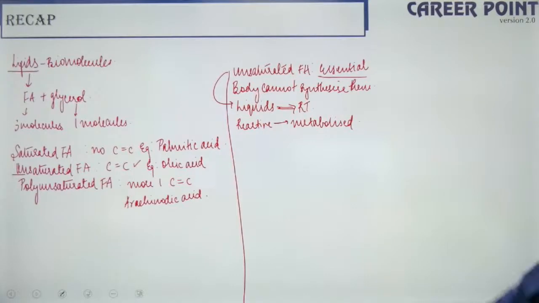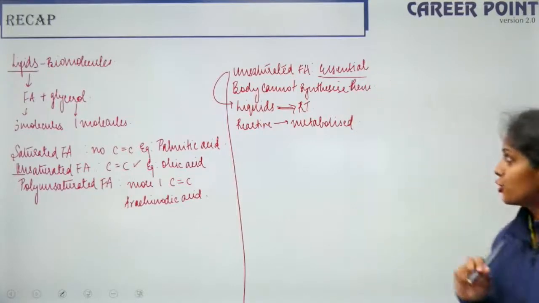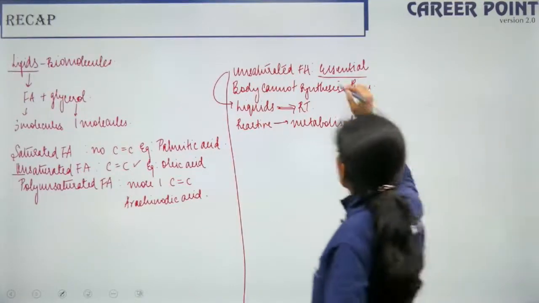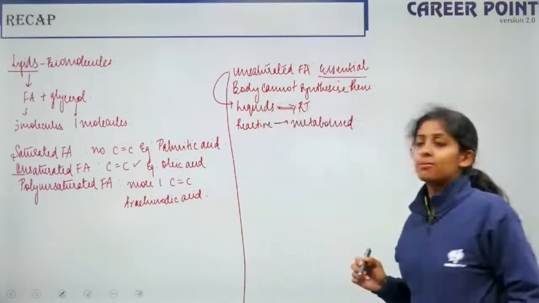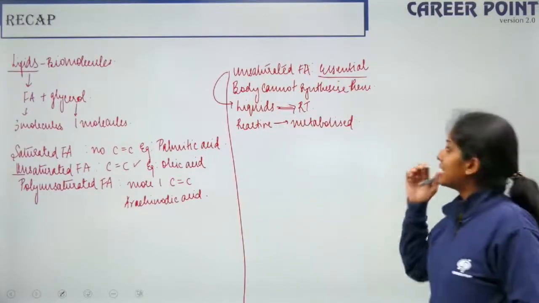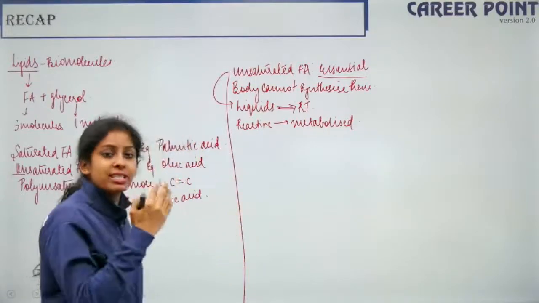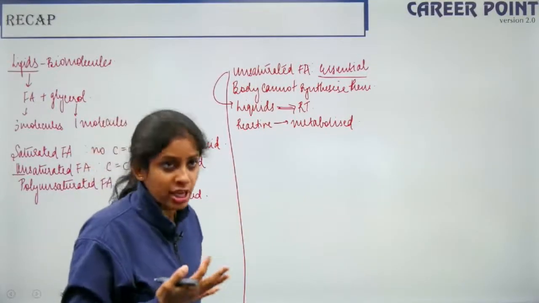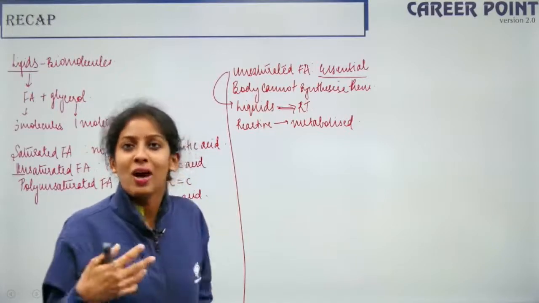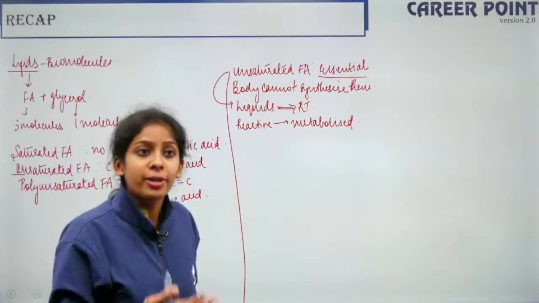So once again, unsaturated fatty acid is essential because it cannot be synthesized by your body, and it remains liquid at room temperature, and it is very reactive, so it can be easily metabolized. So it does not get accumulated in your arteries, so it does not create a block.